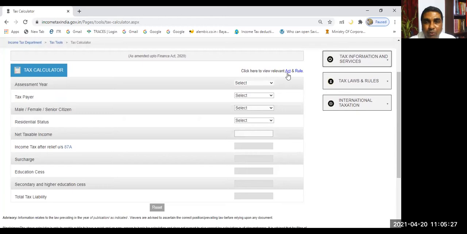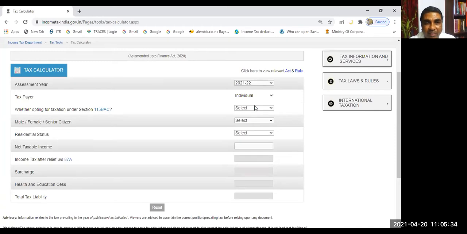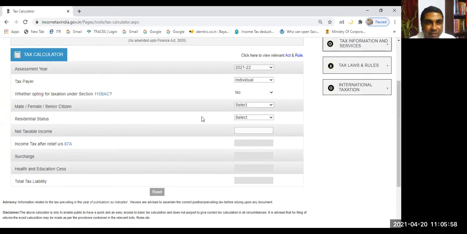I'm just showing you how to calculate tax of a particular person. Let us say for 21-22, and our taxpayer is an individual. What is assessment year? We'll be learning that concept. Whether you are opting for the 115BAC option, yes or no. So this is an additional provision for this assessment year. I'll be explaining what that is. But right now, I just wanted to familiarize you with the use of calculators.